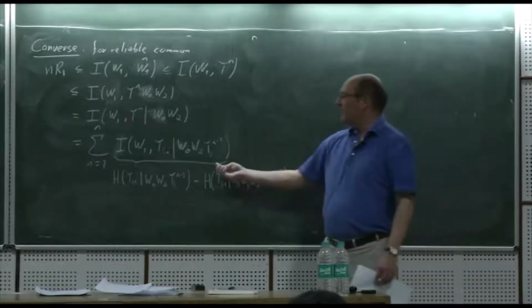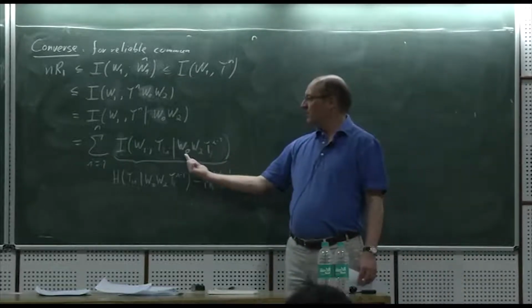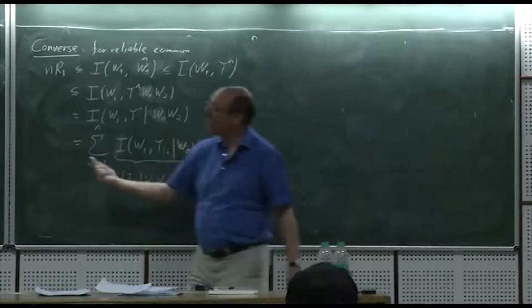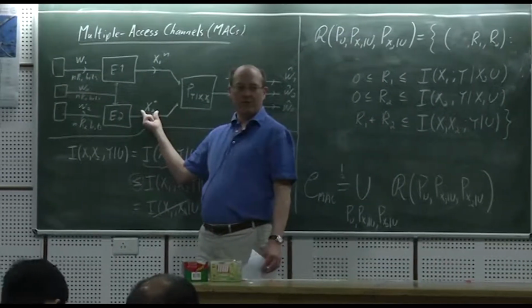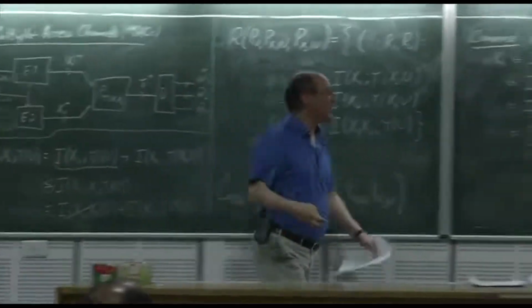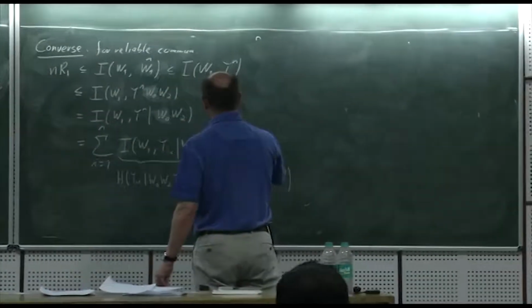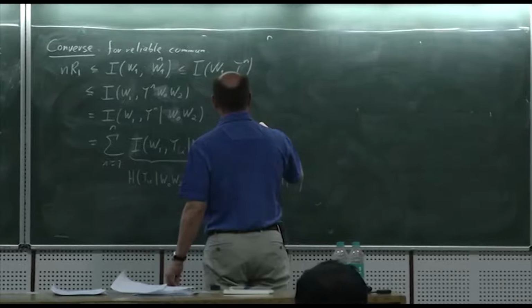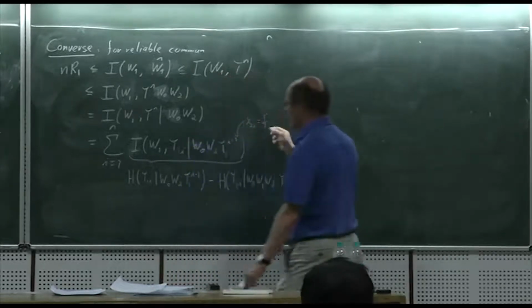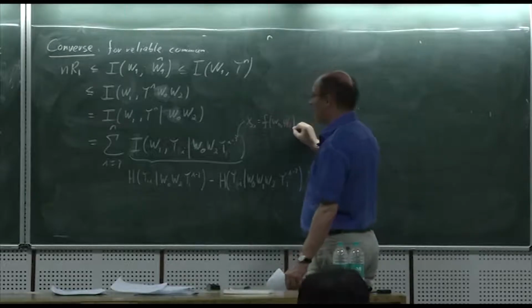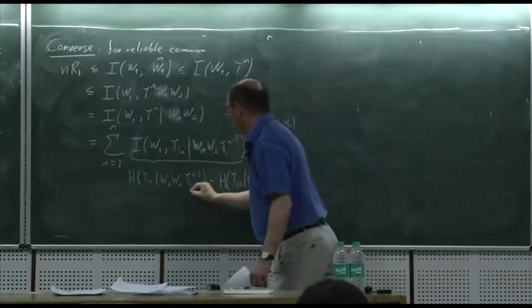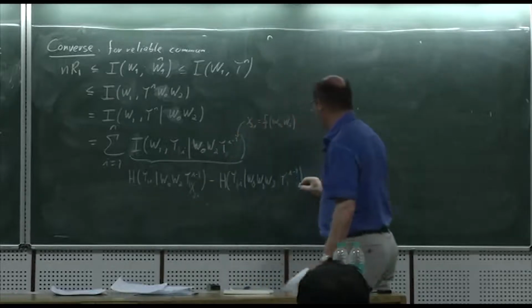Thank you. Now, given W naught and W2, X2 is a function of that, right? So I should have done that here. I can include in here X2i, which of course is just a function of W naught and W2. So I can include that in the conditioning, right? So I may as well have X2i here and X2i here.